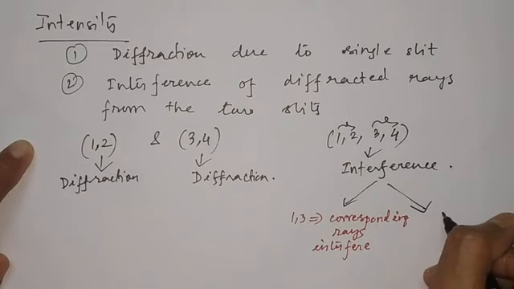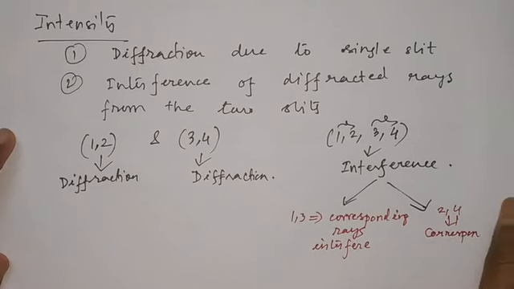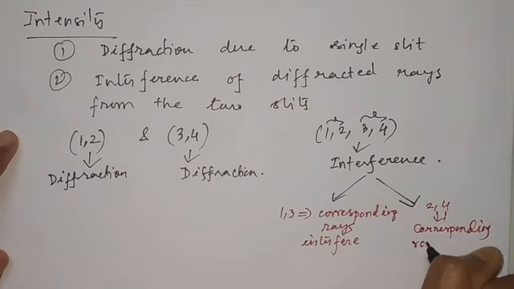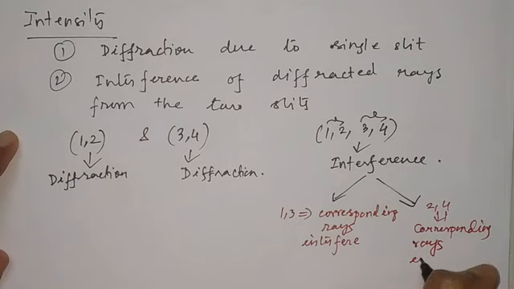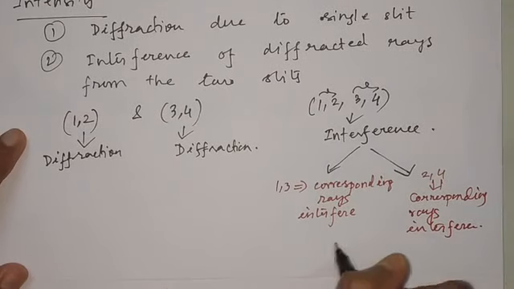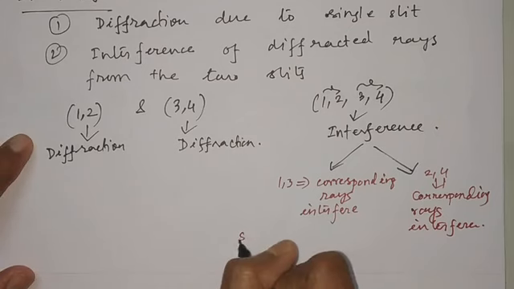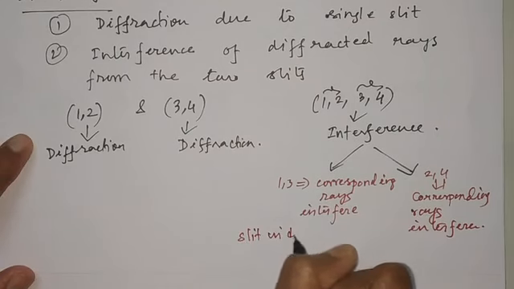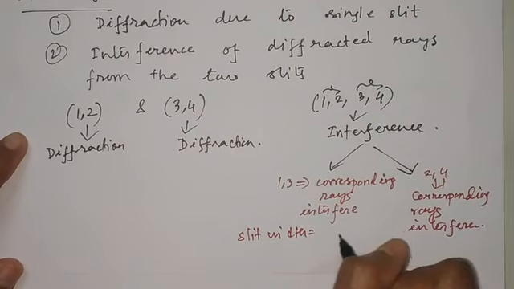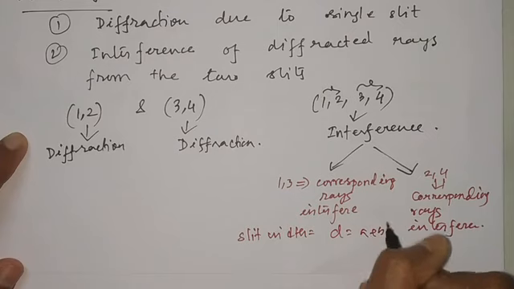The 2 and 4 are also corresponding rays, meaning they are coming from the corresponding points. And the separation between the corresponding points, which acts like the slit width, is d equals a plus b.